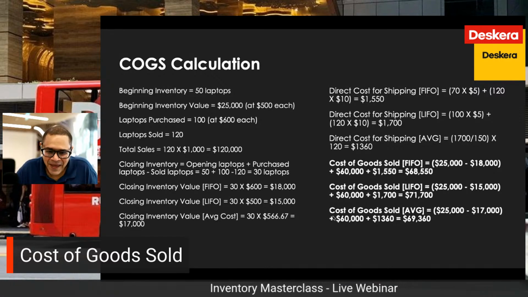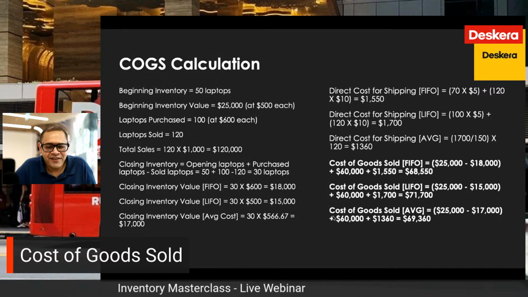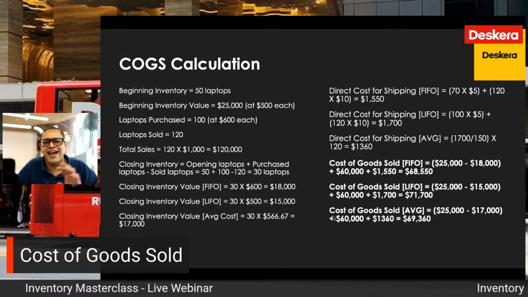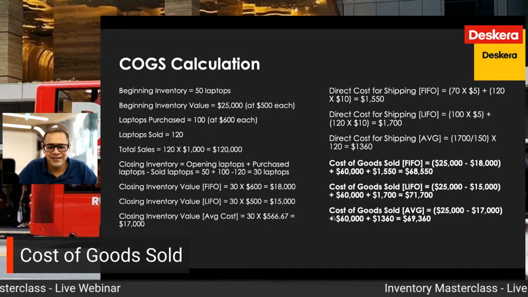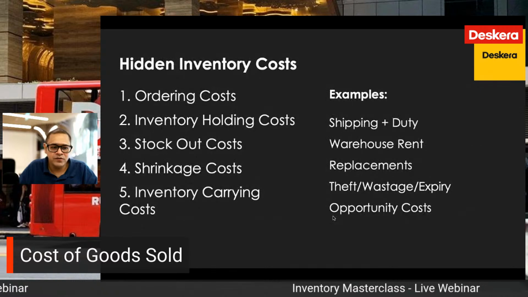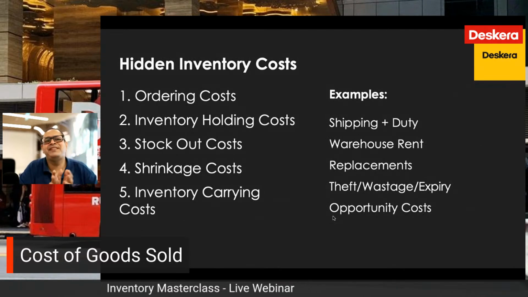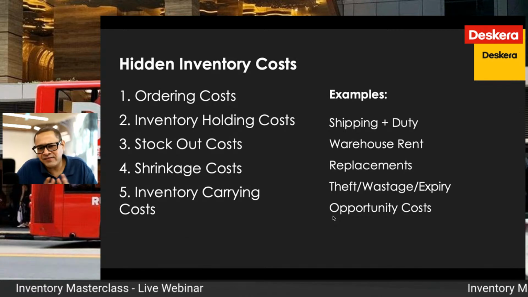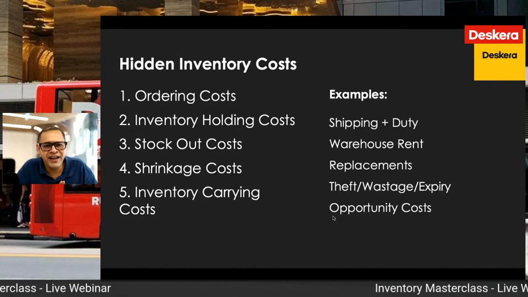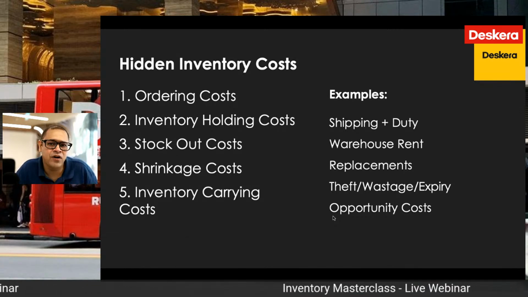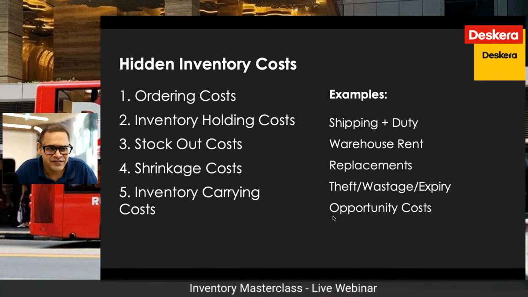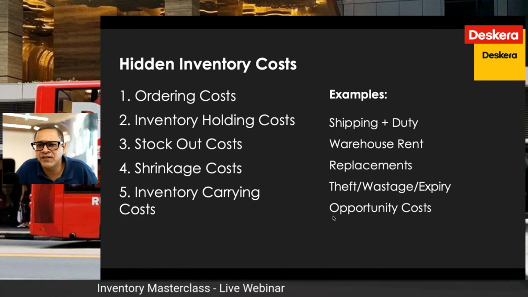Okay, so now that we understand valuation and cost of goods sold, let's move to the next topic, which is hidden inventory cost. The example that we took here was a pretty straightforward example. The only additional cost that we were considering was the shipping cost, which is quite easy to track and manage.